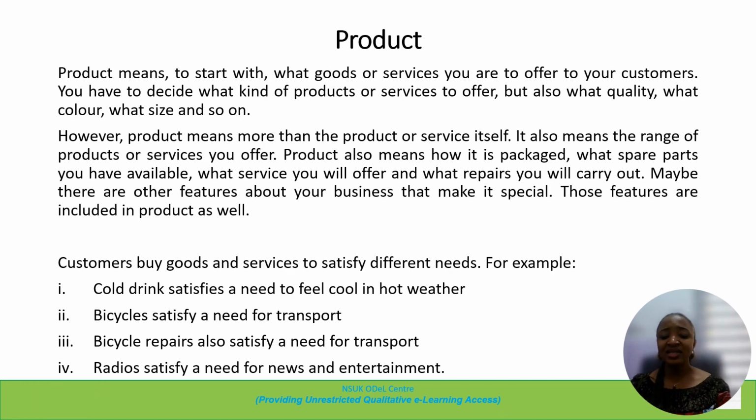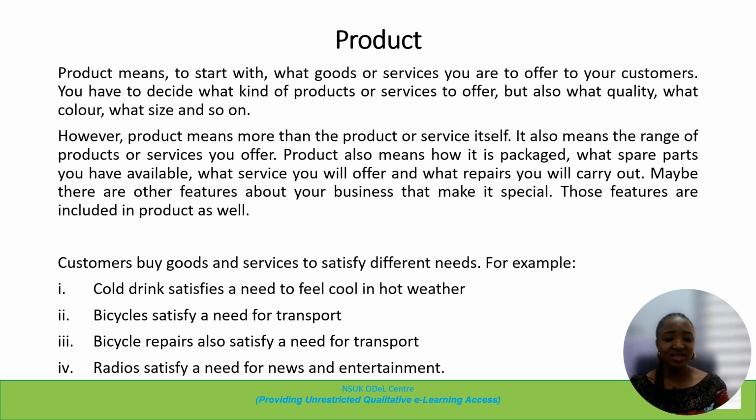Now, the first item we said in the 4 P's of marketing is product. Product means, to start with, what goods or services you are to offer to your customers. You have to decide what kind of product or services to offer, what the quality is, what the color of your product is, what the sizes are, and so on.